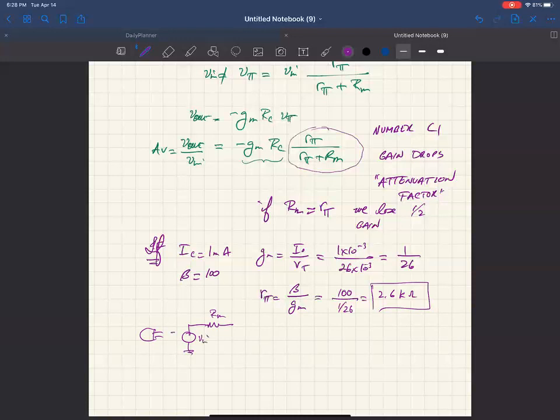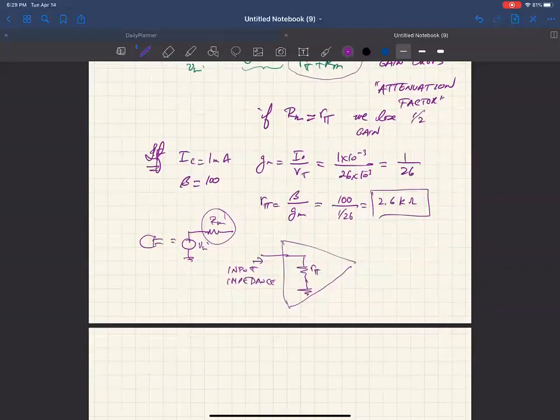As a general case, if you look at our common emitter stage as an amplifier, if you draw it as a triangle, we have this input impedance that we have to try to do something about.